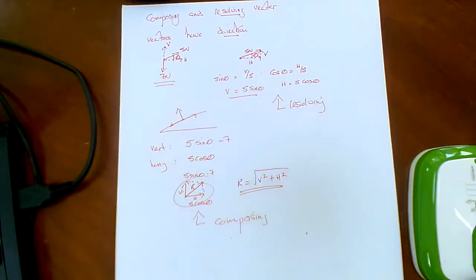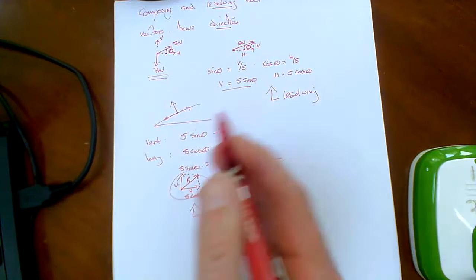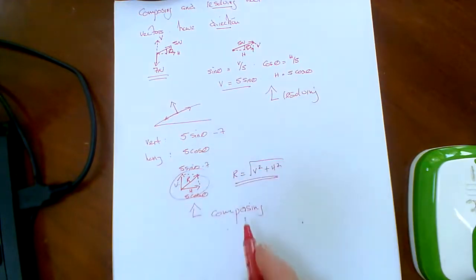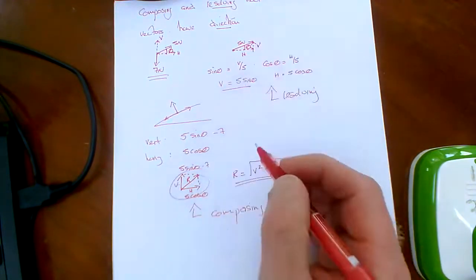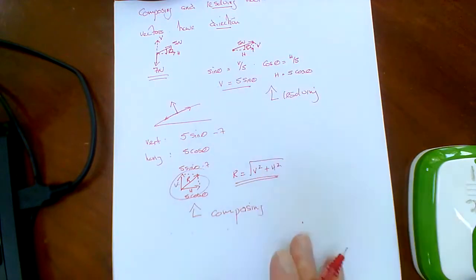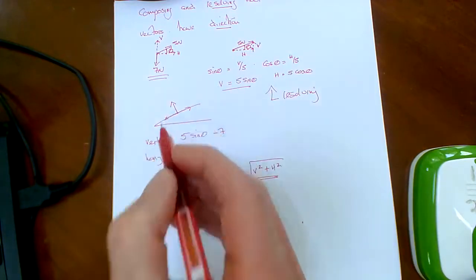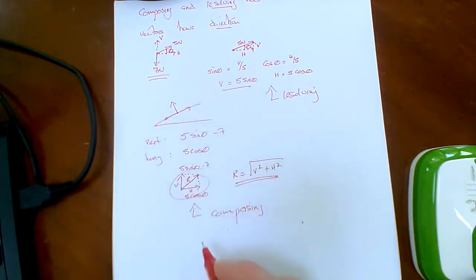Now, that's all very well, and you can do the whole sine and cos thing by looking at the triangle. But when it comes to forces on slopes, it's a bit more difficult to see the triangle that you have to make.